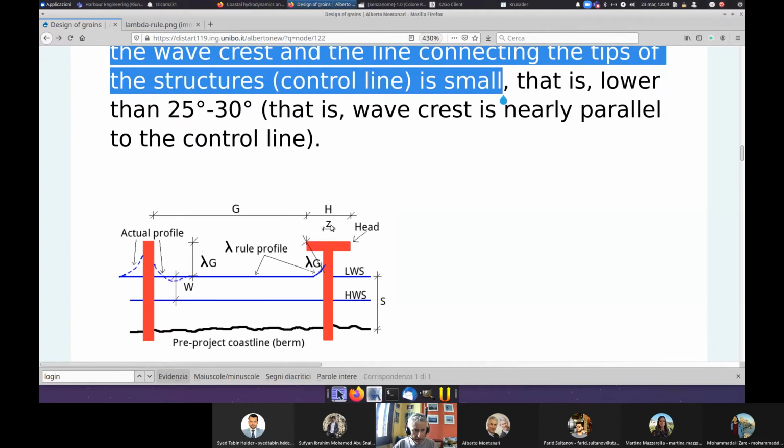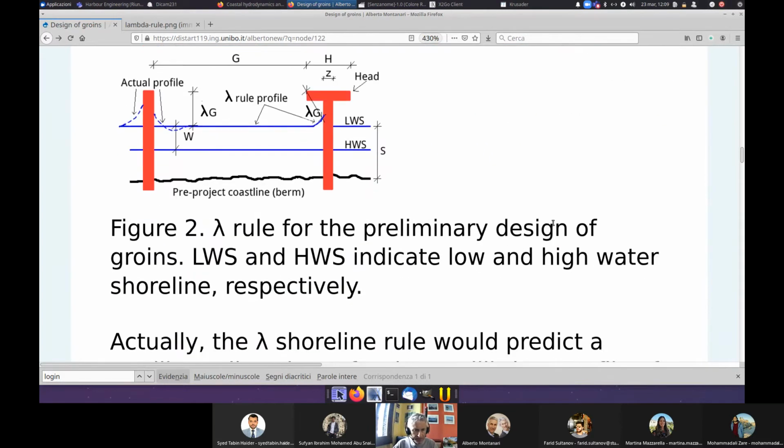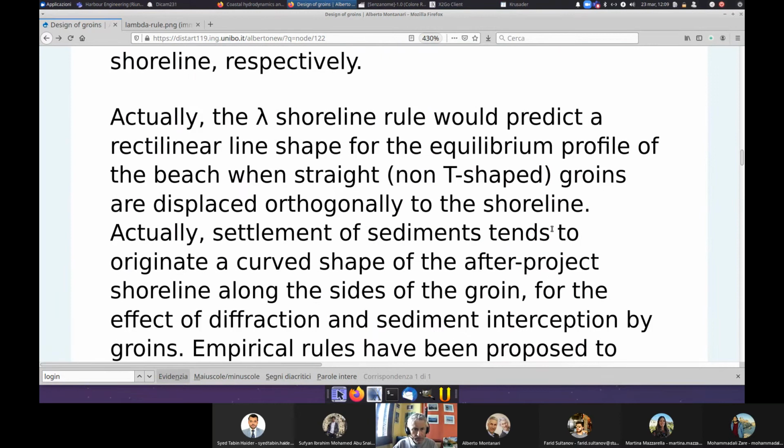So control line is another term that we learned now. And now, what is mentioned here is what I already mentioned.